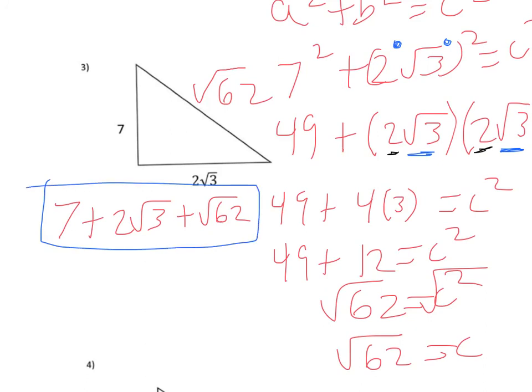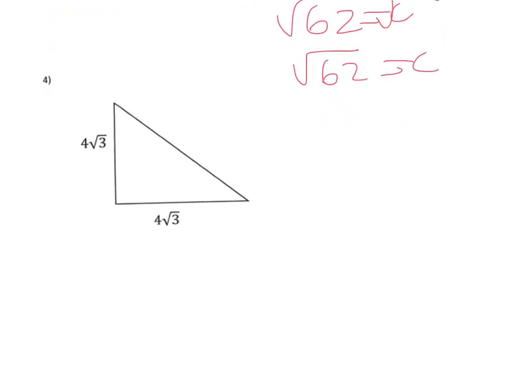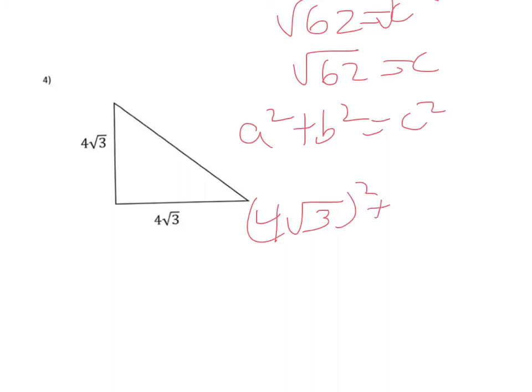Last problem. Number 4. Here we have an isosceles triangle. 2 legs, 4 radical 3, 4 radical 3. Same as always: a squared plus b squared equals c squared. 4 radical 3 all squared plus 4 radical 3 all squared equals c squared.